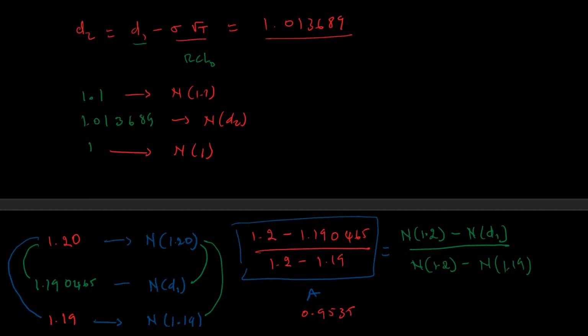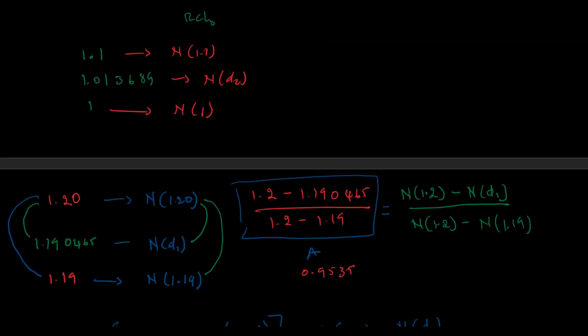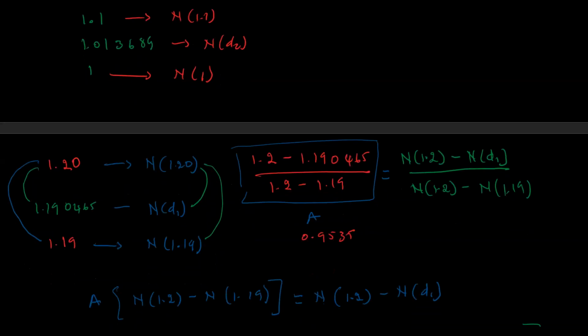And so if we set that up in a similar manner to what we had earlier, what we're going to find is the ratio, which is the difference between those two values. Actually, let's set it up all together at once. I'm going to say the probability of the upper bound is going to be N1.1 minus A, where A for D2 is equal to 1.1 minus D2, which is 1.013689, divided by the difference, so 1.1 minus 1.